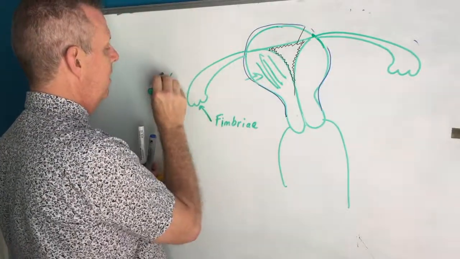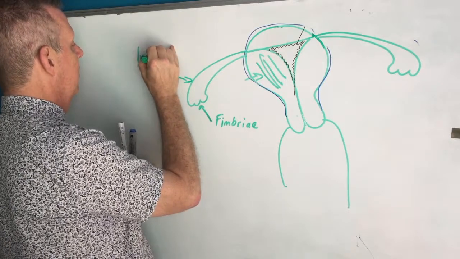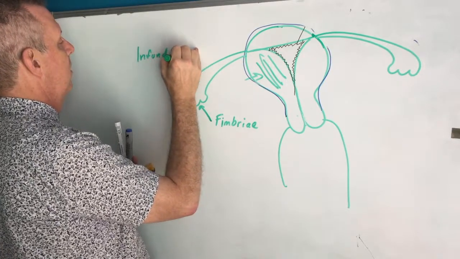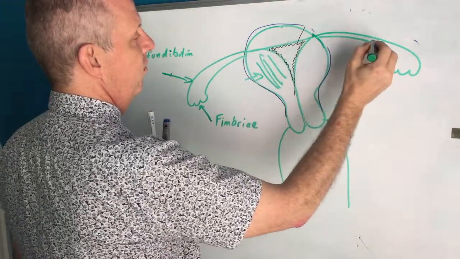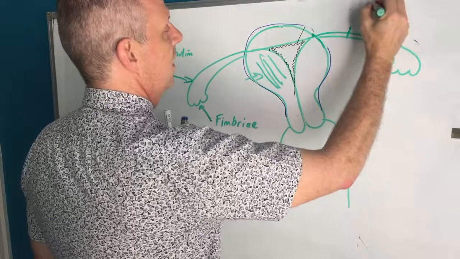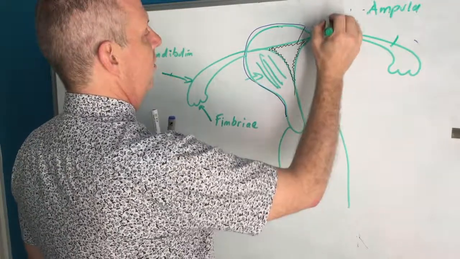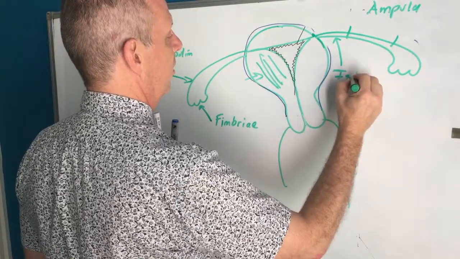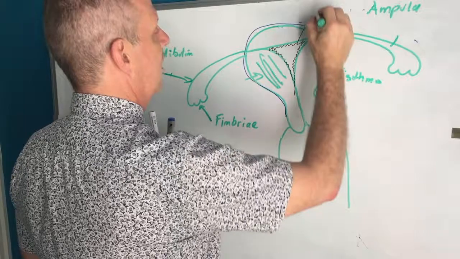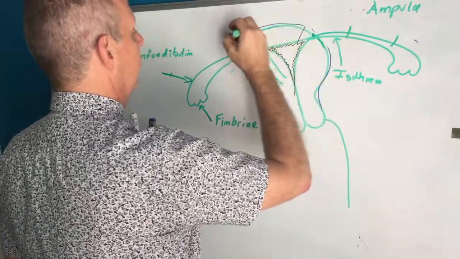This part here is called the infundibulum. And this part here, sort of from about here to there, is called the ampulla. And this here is the isthmus. These all have reasons for this. And the little bit of tube that goes into the muscle of the uterus has several names.